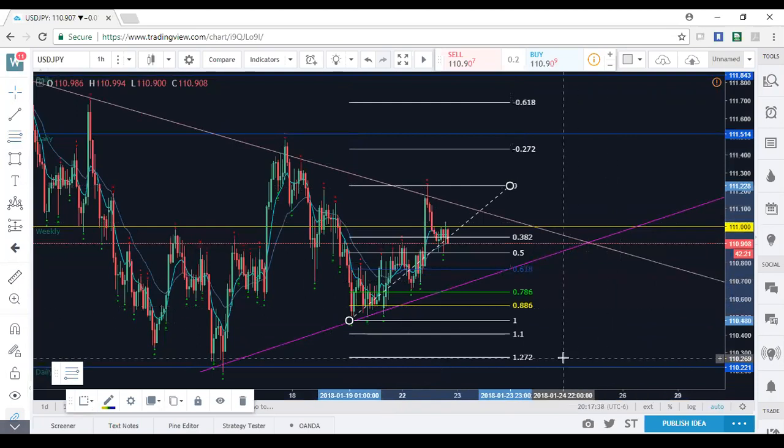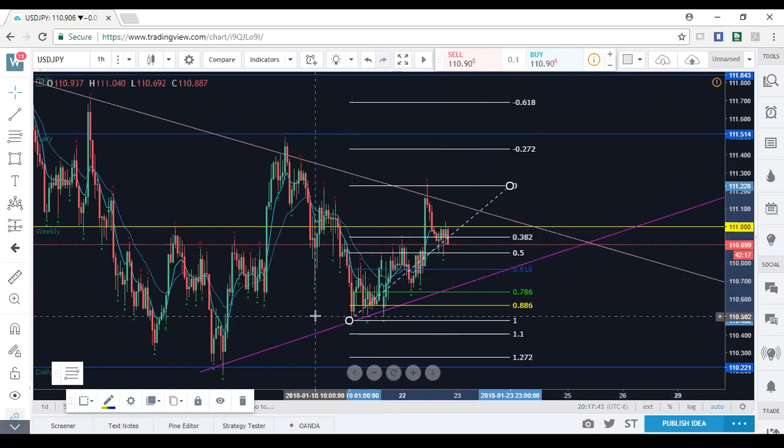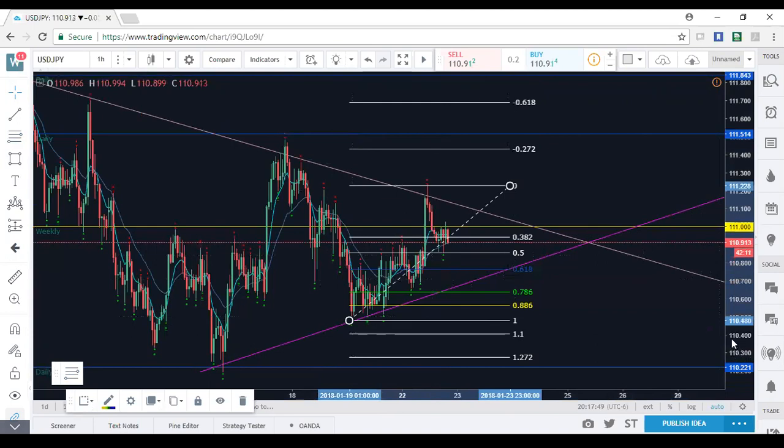My first TP for this short, guys, on this swing trade or even intraday, $1.1030, or I can even put a $1.10350 just to be safe. But first take profit is always the extension. Notice this is the next low that hasn't been tested yet.